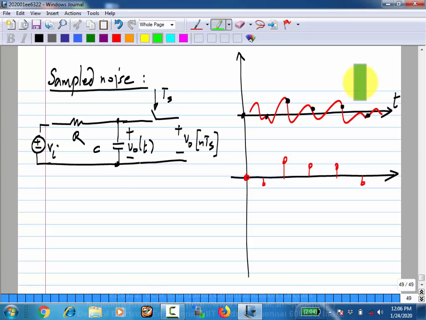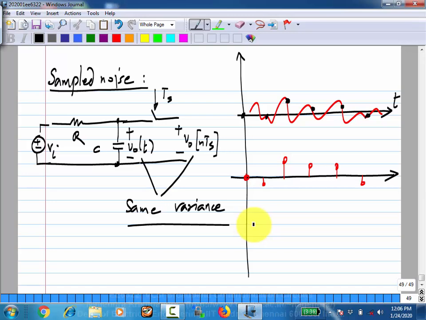Okay, so the variance will be the same, these two having the same variance.